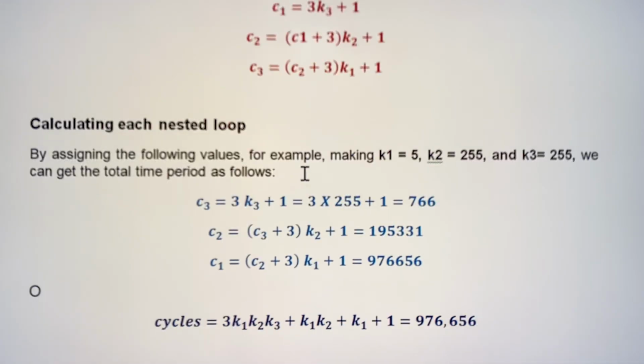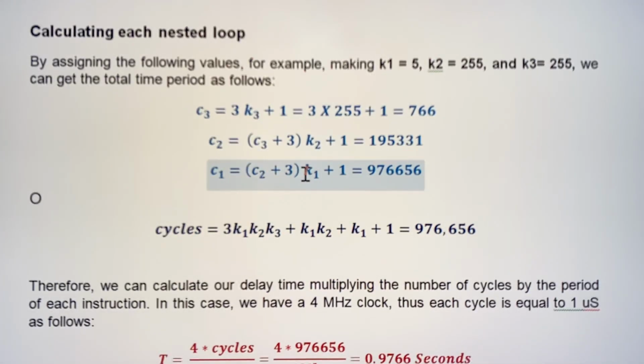So to calculate each nested loop, we will see, for example, if we make K1 equal to 5, K2 equal to 255, K3 equal to 255, we get the time period as follows. So we follow the formula, the equation, 3 times K3 plus 1, so K3 is 255, so we get 766.